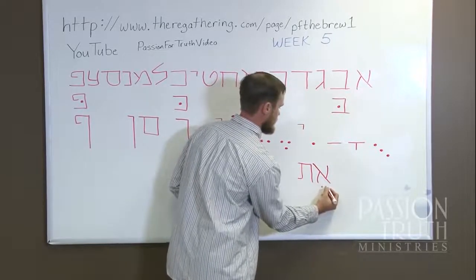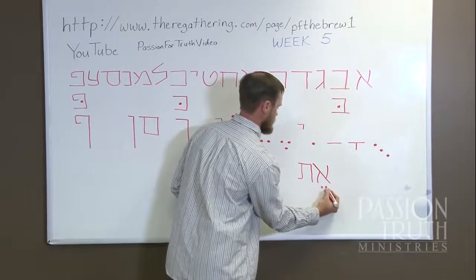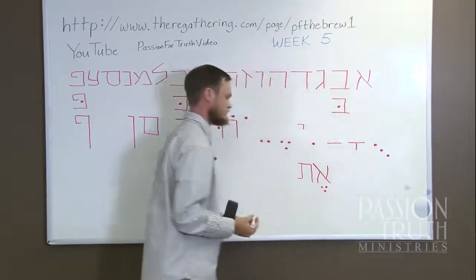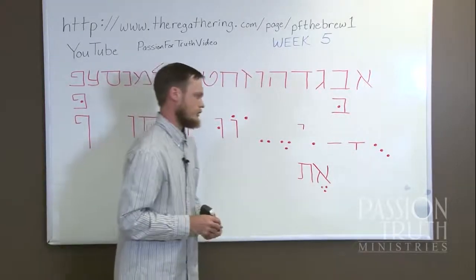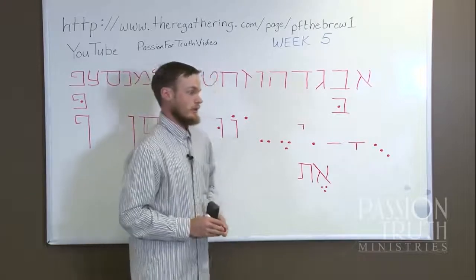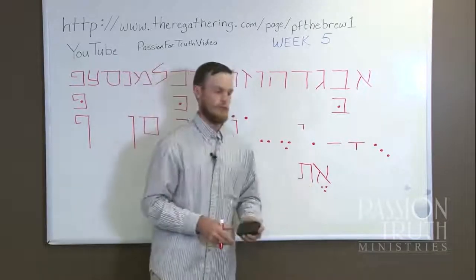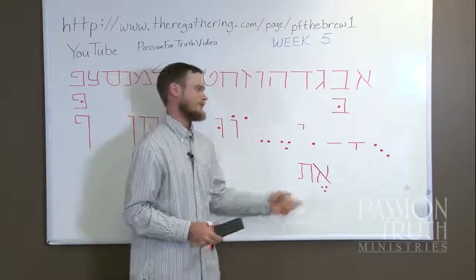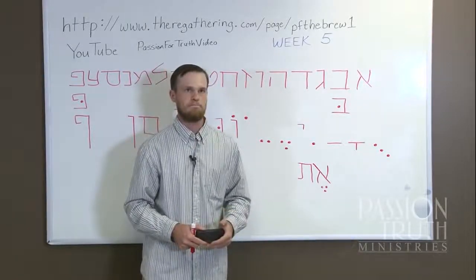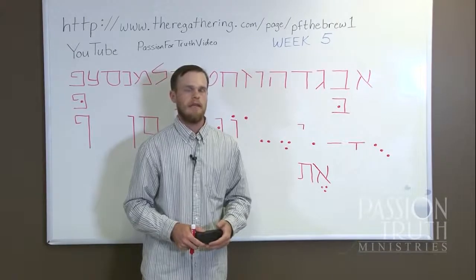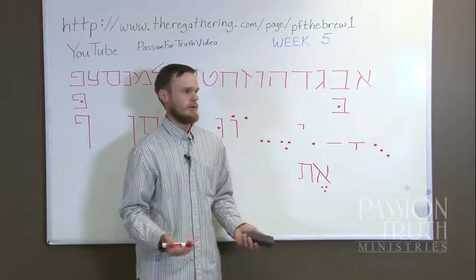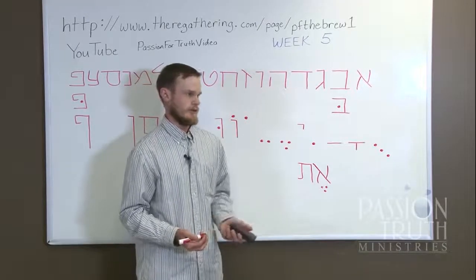And this Aleph Tav appears everywhere in the scriptures, and it's essentially a grammatical tool, since Hebrew has no word order rules like English. In English, we rely on word order to construct the meaning of our sentence.